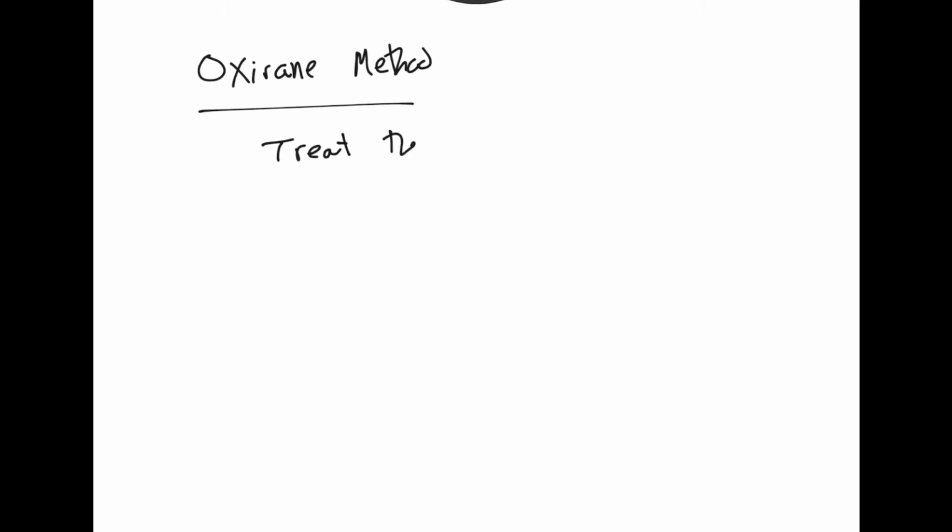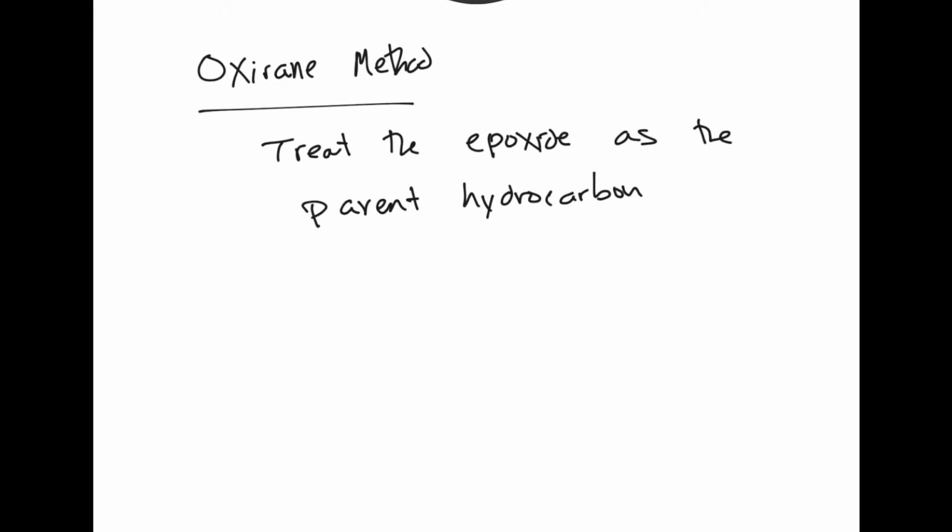The oxirane method is the other way we name epoxides. Here you treat the three-membered ring, or treat the epoxide, as the parent hydrocarbon, right? So just like you would say cyclohexane and then list the substituents coming off of the cyclohexane, we're doing the same thing, but with the three-membered ring.